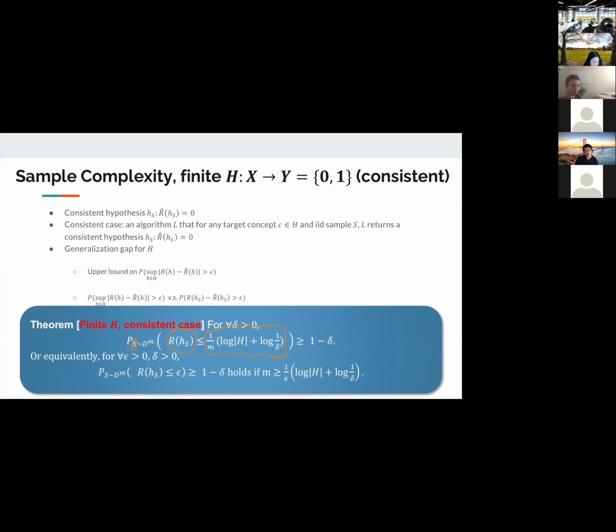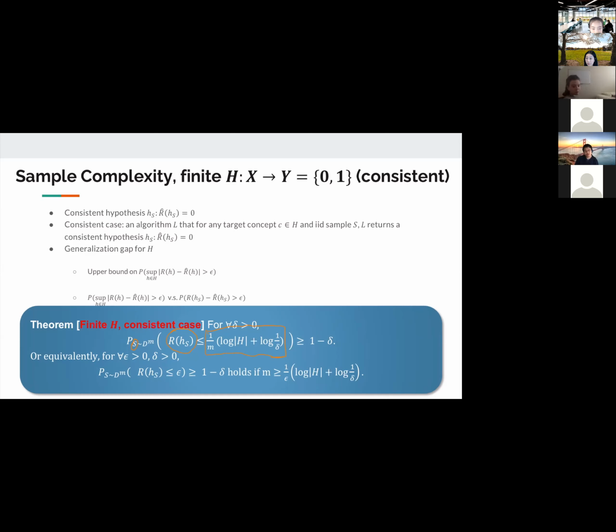Exactly. So equivalently, we're saying that for any epsilon greater than 0 and delta greater than 0, the probability that the true error of any hypothesis generated from a sample using the algorithm is small has a very high probability, almost 1, right?